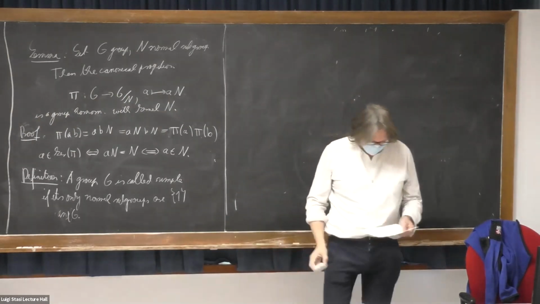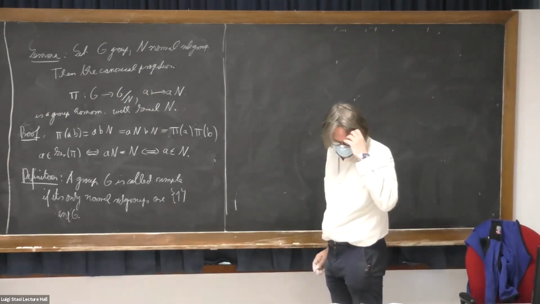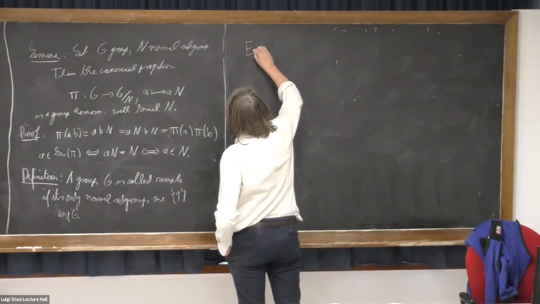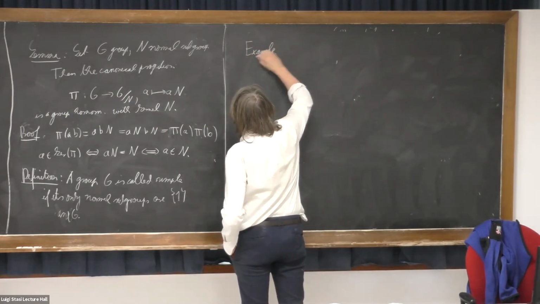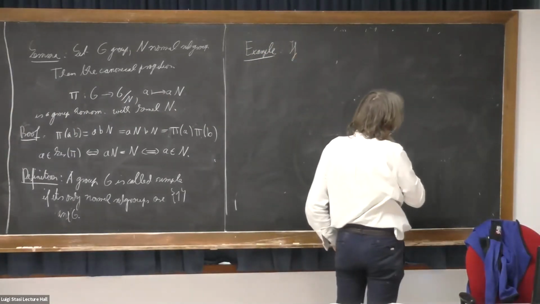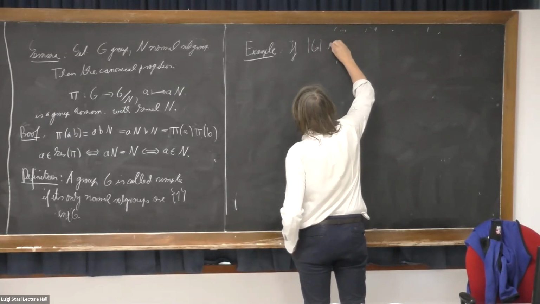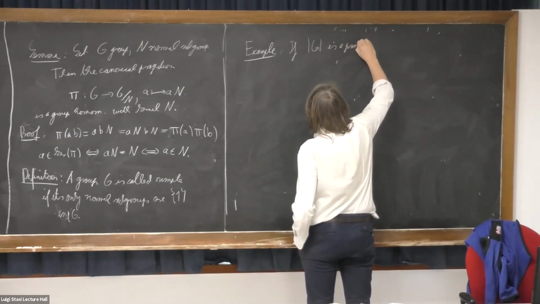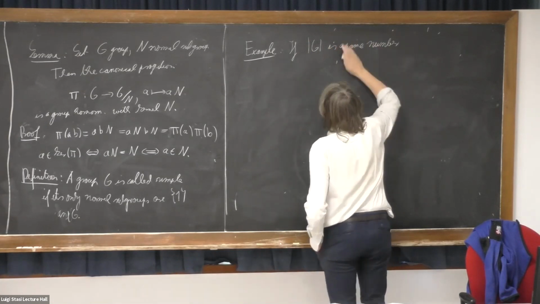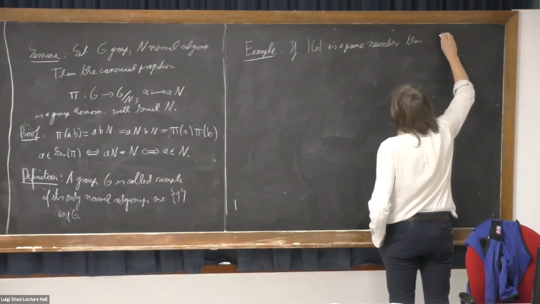For instance, as an example, if the number of elements in the group is a prime number, then it's simple.